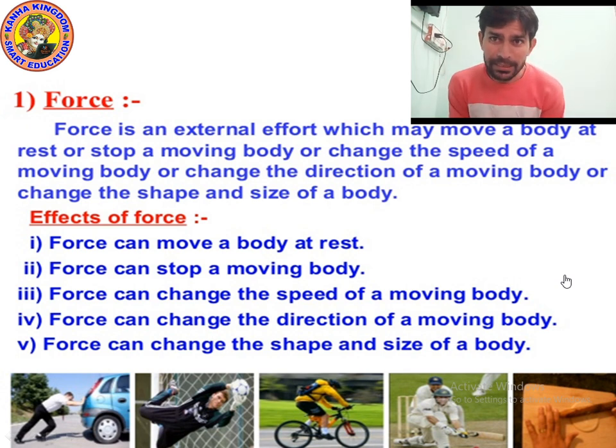The ball will come to you in a straight line, but if you hit it to the right side, the ball will go right. So the direction of the ball is changed with the help of the bat. So force can change the direction. For example, moving wind can also change the direction of dry leaves.